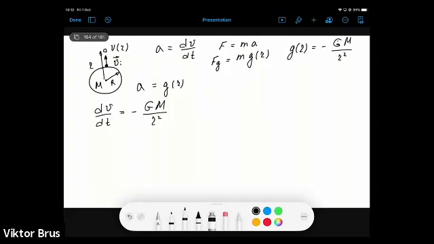The way we can approach this is: take dv over dt, multiply it by dr and divide by dr. So nothing changes because that's actually unity, but it will help us to rearrange the left side of the equation in the way we want. So any ideas? How do we get rid of time here?